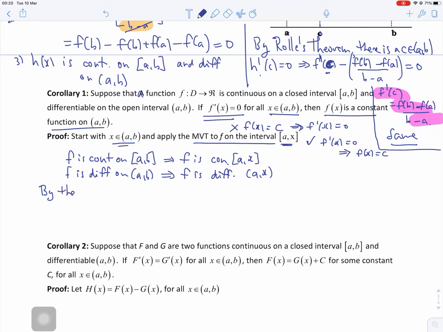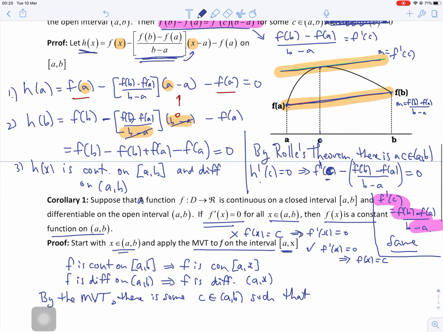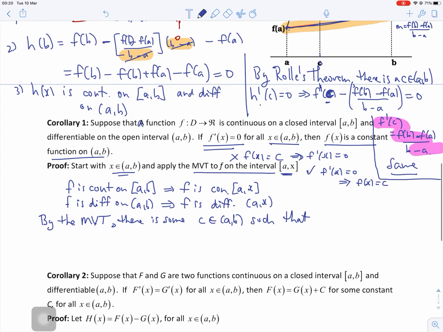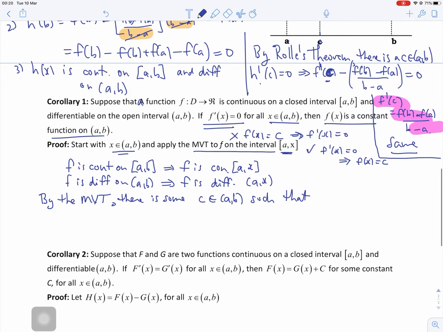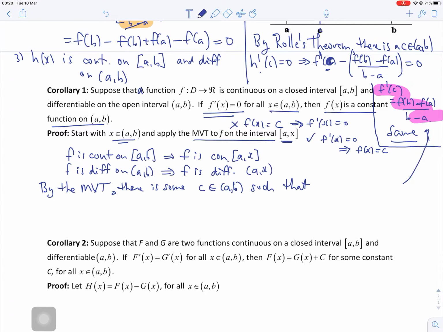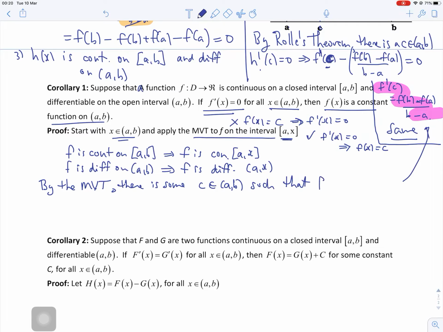So by the mean value theorem, there is some c value in the open interval such that, if we look back at the mean value theorem, we have it right over here, f prime of c is, now in this case, b is x and a is still a, f of x minus f of a over x minus a.